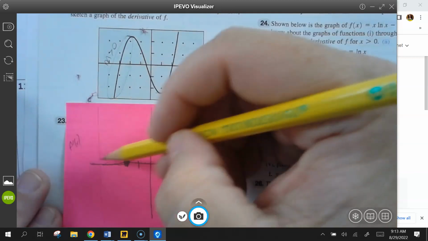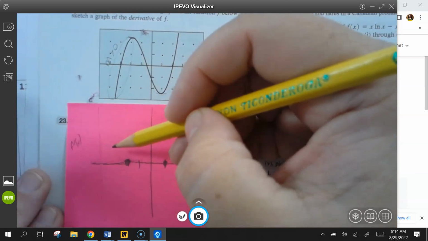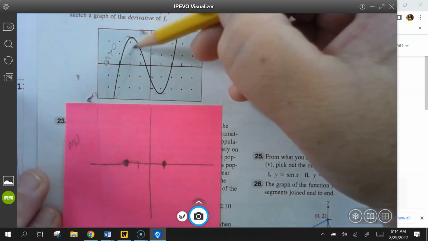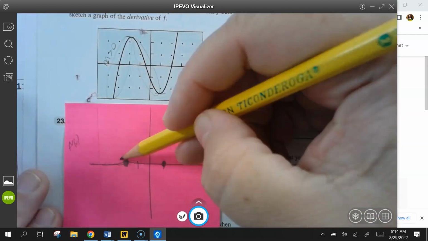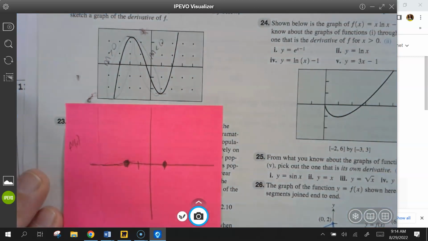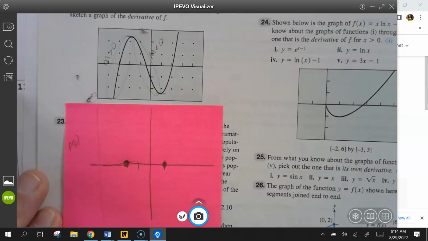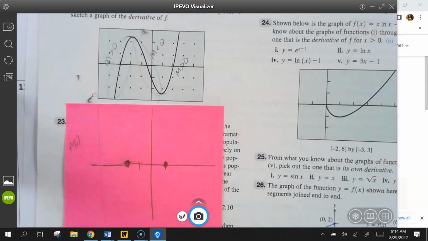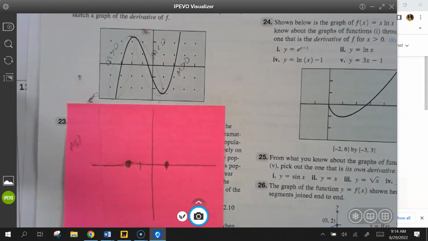So that means I'm up here. Y'all okay there? And then for here, between these two values, my slope is negative. And then from here, my slope would be again positive. Are we okay there?